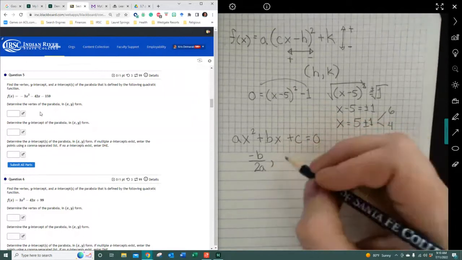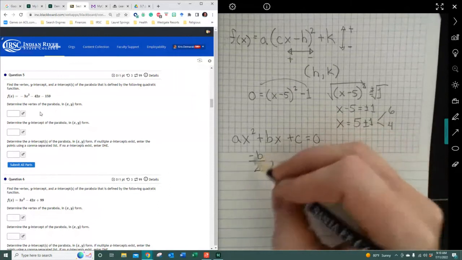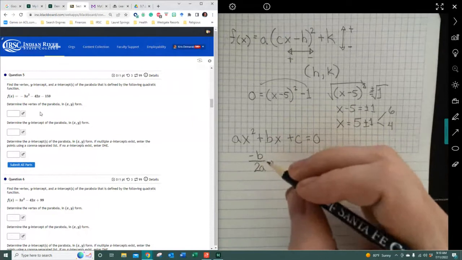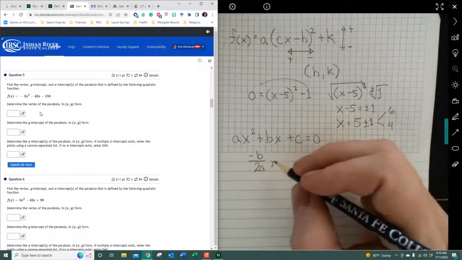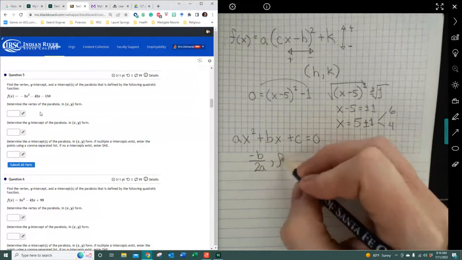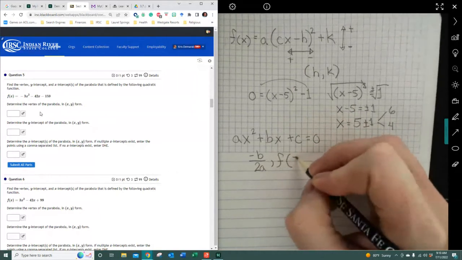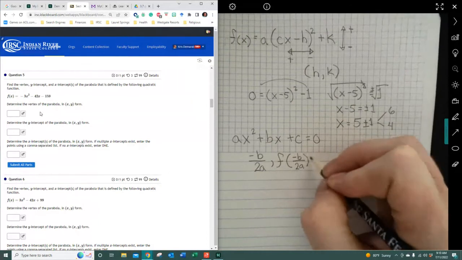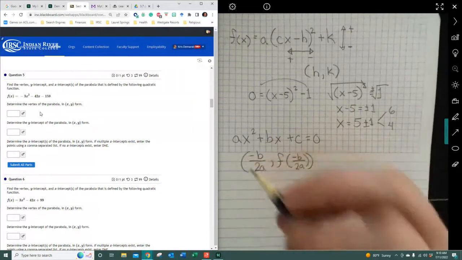And that's finding the axis of symmetry, as well as finding the x value of our vertex. And then we insert that back into the equation itself to find the vertex.